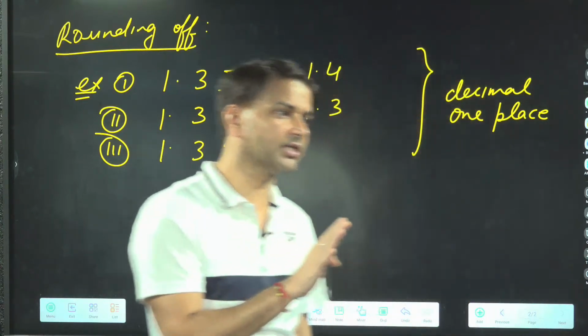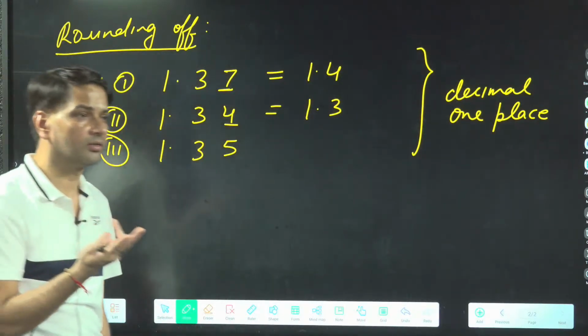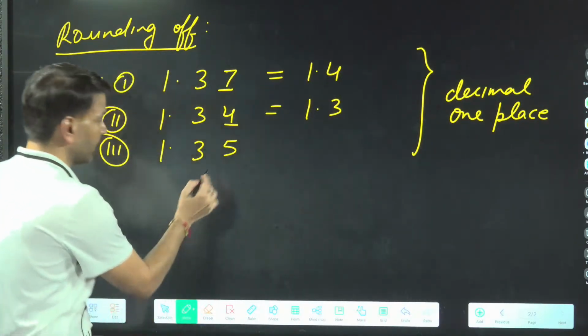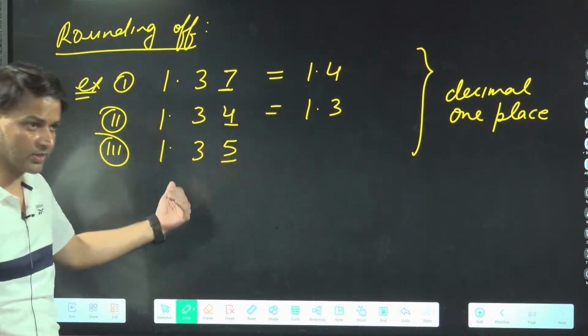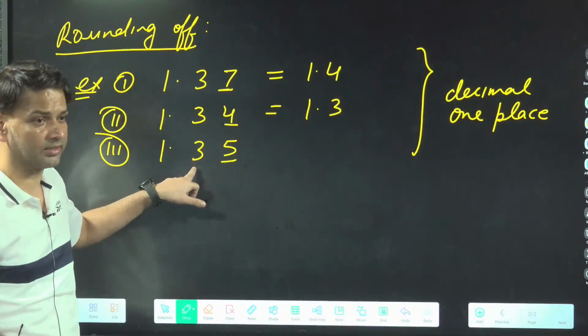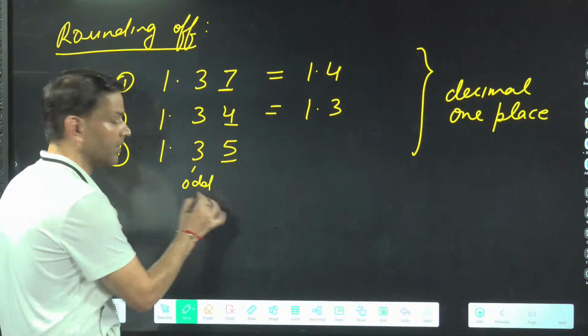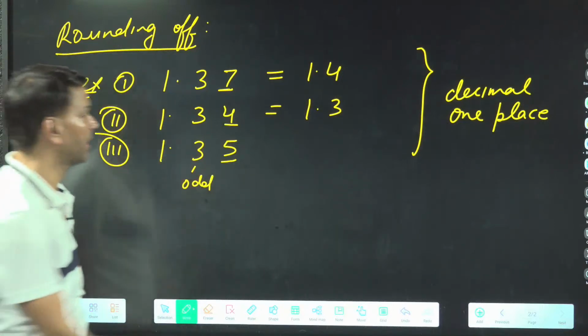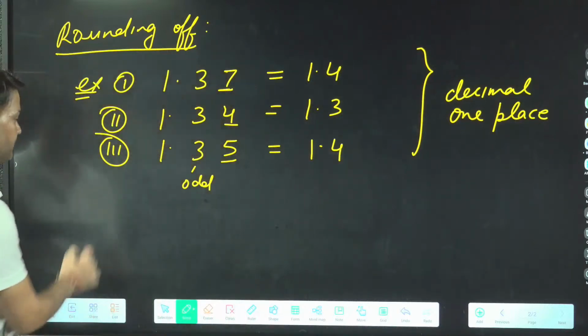But if the preceding digit is odd, then it will increase by 1. So here I have to remove the 5, so I will check the previous digit. The preceding digit is 3, which is odd. So the preceding digit will increase by 1. Then you will get 1.4.